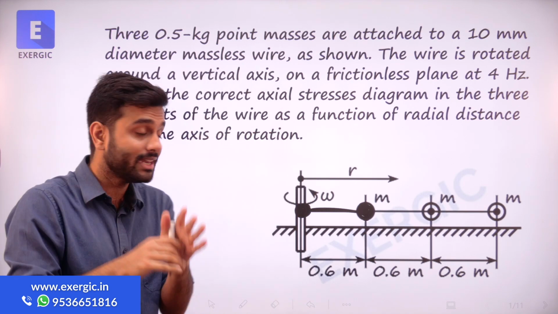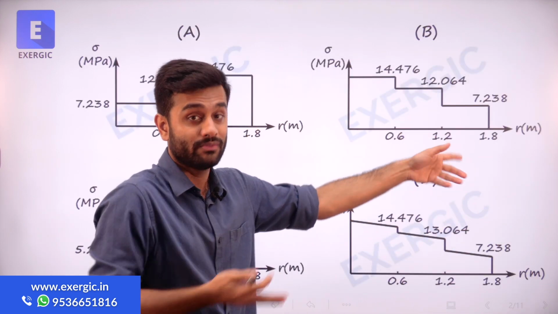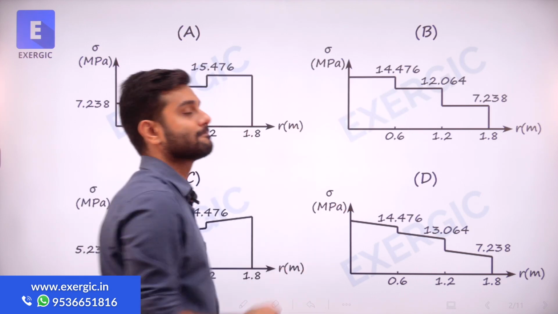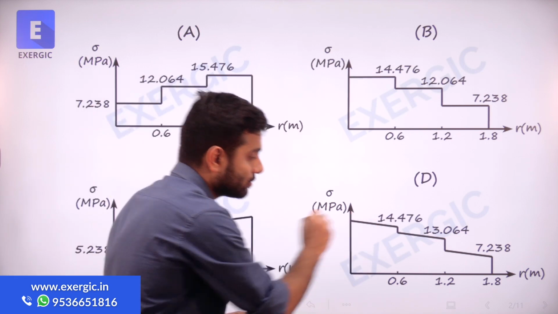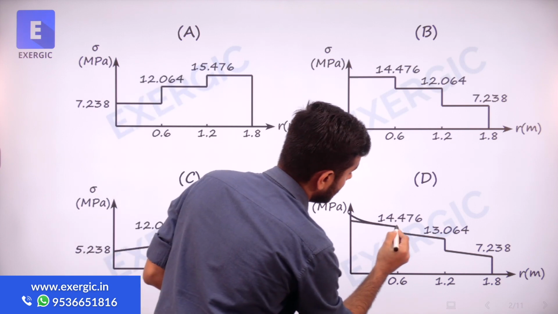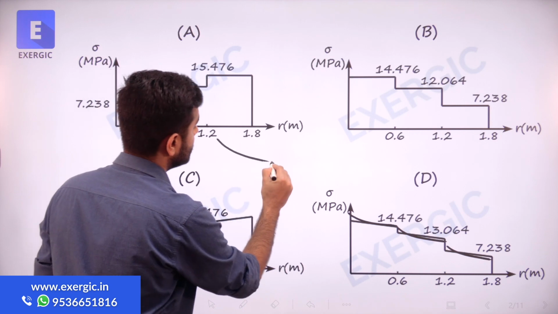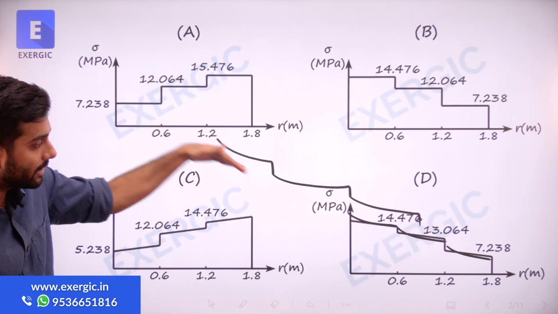So there will be variation between these sections also. We just concluded that; we found the expression for how it will vary. It's not constant, but it is not linear either. It is decreasing, but not linearly, so that variation will be parabolic. The line should be curved, then step, curved, then step, curved, then step. This is how the variation should be.